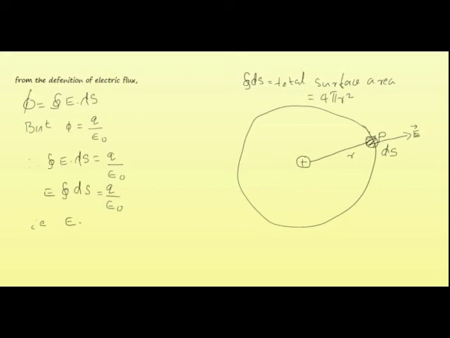Therefore, we can rewrite this equation as E into, in place of integral ds, 4 pi r square. So, E into 4 pi r square is equal to q by epsilon 0. Therefore, E is equal to 1 by 4 pi r square into q by epsilon 0, because 4 pi r square comes to the other side of the equation. Now, this can be rewritten as E is equal to 1 by 4 pi epsilon 0 into q by r square.